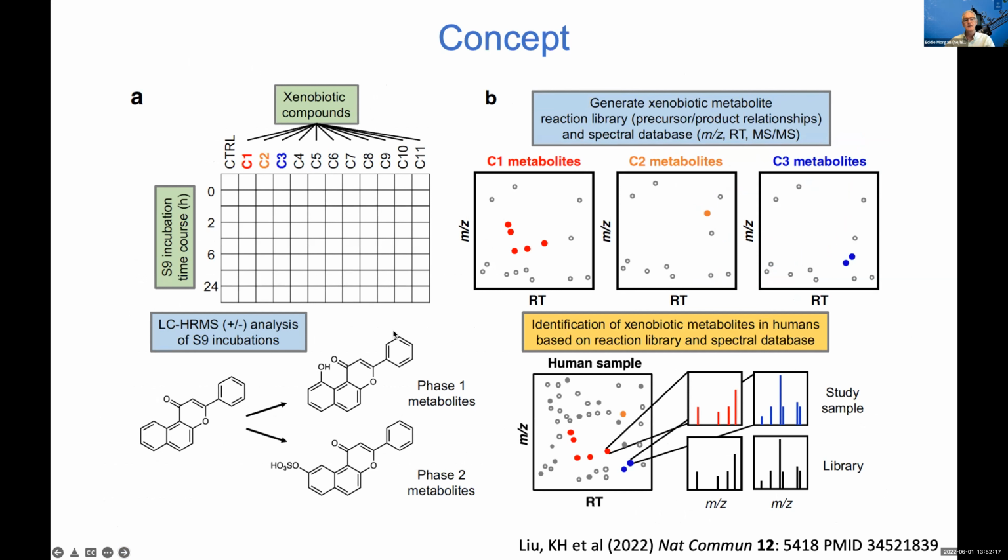And so we generate this library of laboratory generated bona fide metabolites. And then using these profiles or fingerprints, we can go into human samples analyzed in the same platform and detect them by their retention times and m/z values.